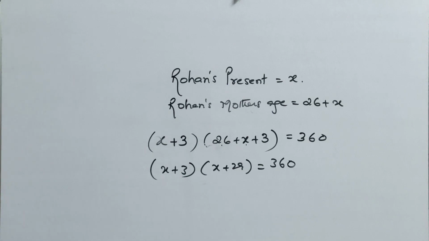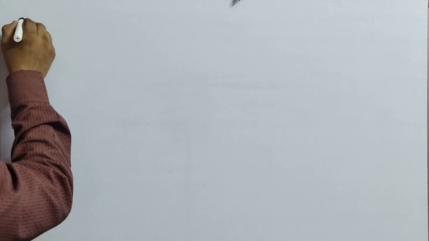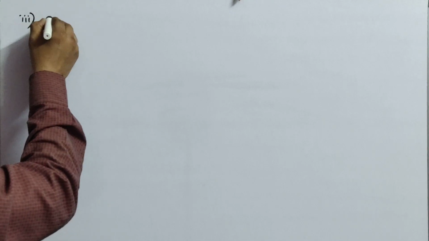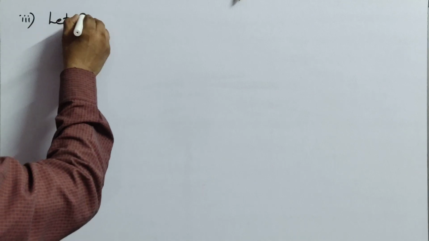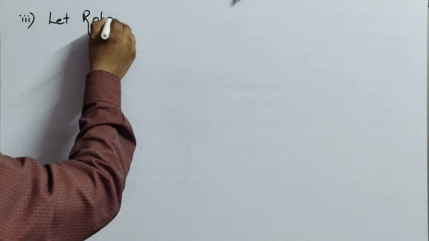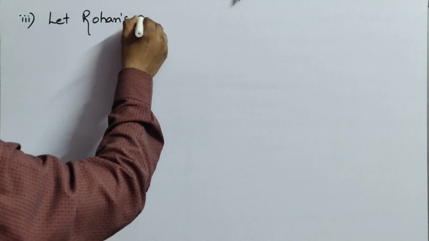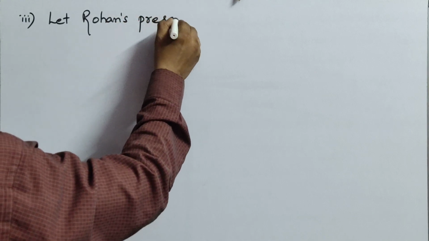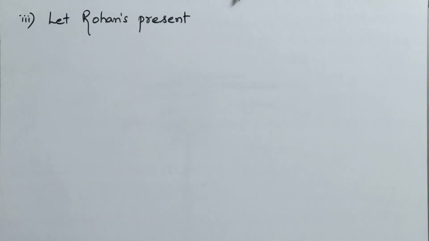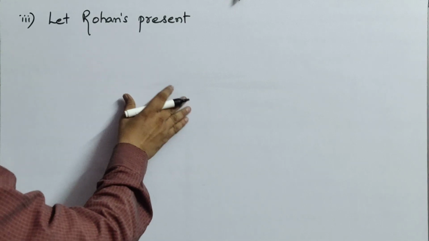Okay, listen very carefully. Okay, see the solution, children. Third question. Let Rohan's present age equal x years. You can write in classwork, children. Today whatever I am telling, you have to write in CW.